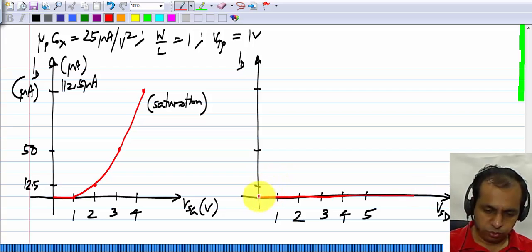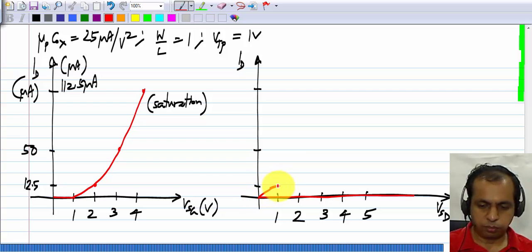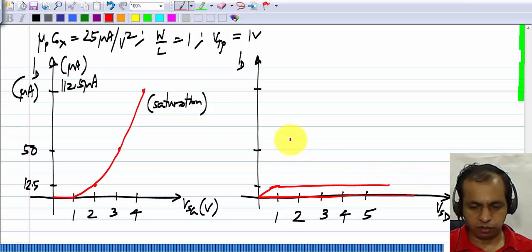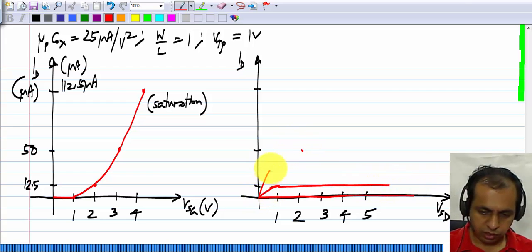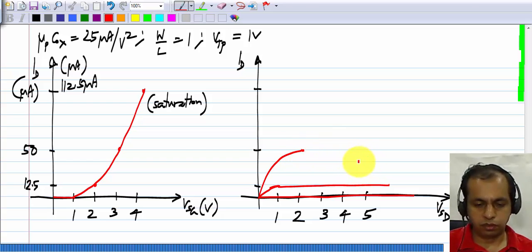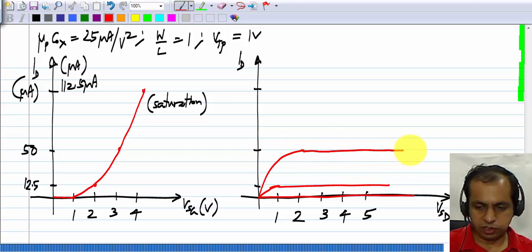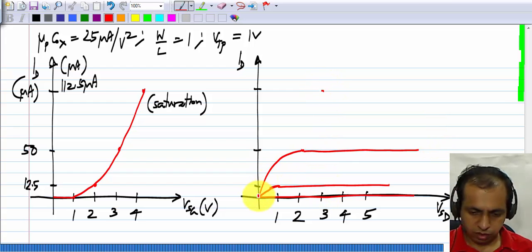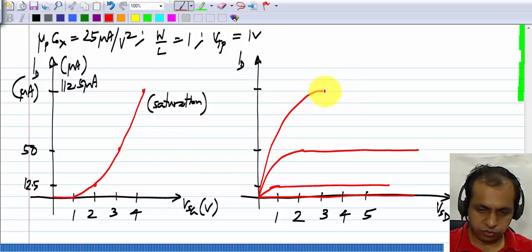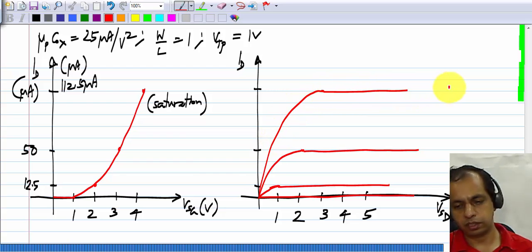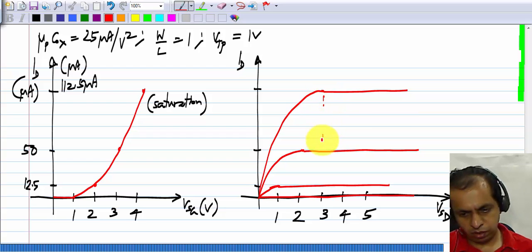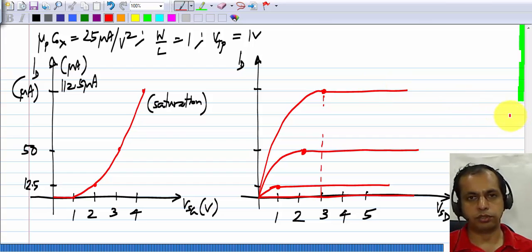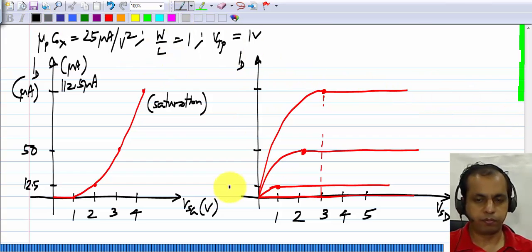When VSG equals 2 volts the current rises up to 12.5 microamperes and stays there in saturation region. When VSG equals 3 volts it rises up to 50 microamperes and stays that way in saturation region, and when VSG equals 4 volts it goes that way. And this is the boundary between triode and saturation regions.